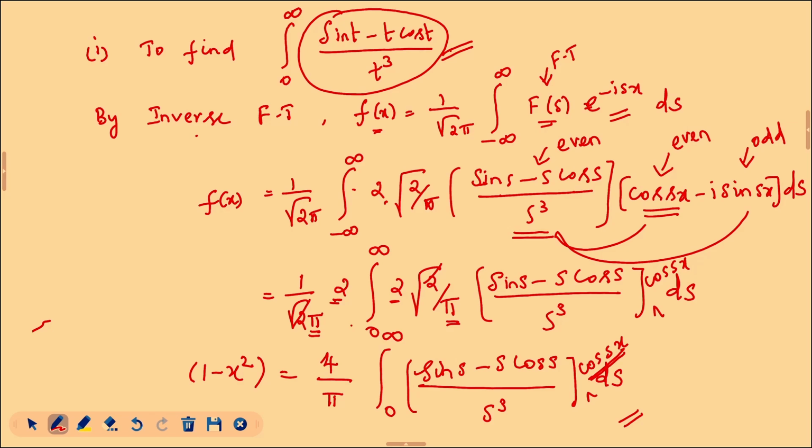Now we know that the value of cos 0 is 1. So we are going to replace x by 0 in this function. The left hand side is 1 minus x squared, which is 1 minus 0.